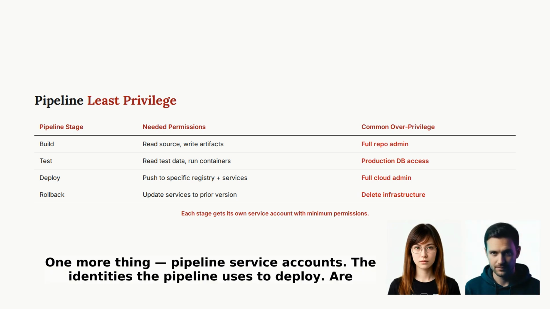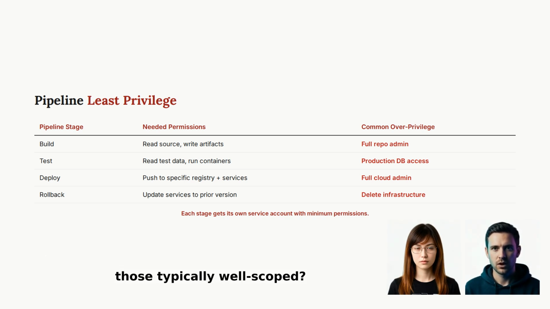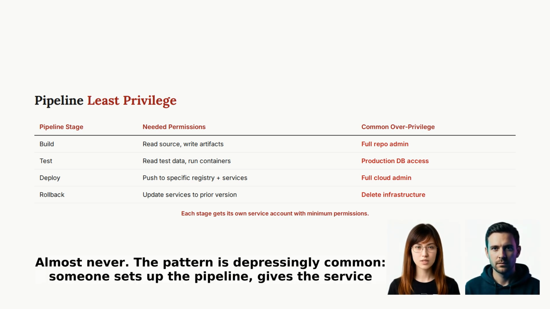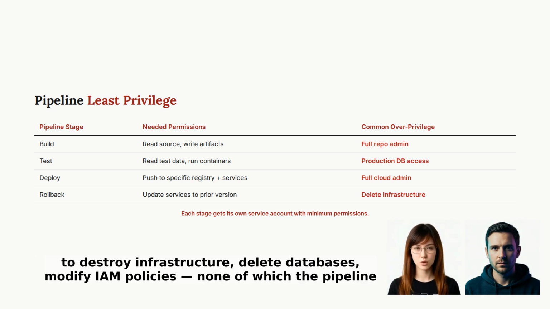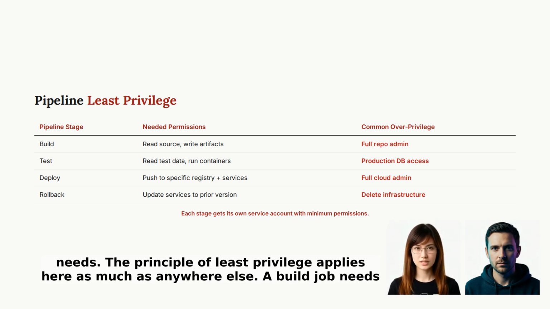One more thing, pipeline service accounts. The identities the pipeline uses to deploy, are those typically well scoped? Almost never. The pattern is depressingly common. Someone sets up the pipeline, gives the service account admin access because it's easy, and moves on. That service account now has permission to destroy infrastructure, delete databases, modify IAM policies, none of which the pipeline needs.